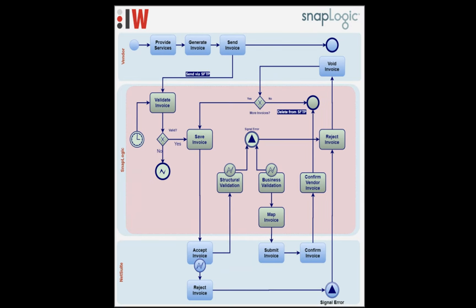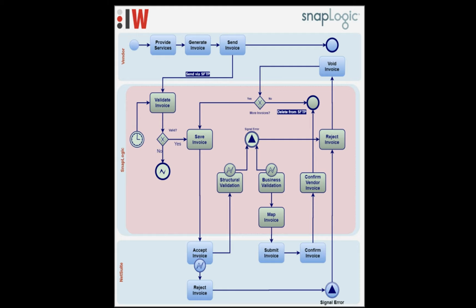So Peter, one question here. Instead of putting all these validations and structures on the NetSuite side, our client has decided to put them in SnapLogic in order to be easily upgradable and changeable, and also to be able to add new vendors to the flow, correct?